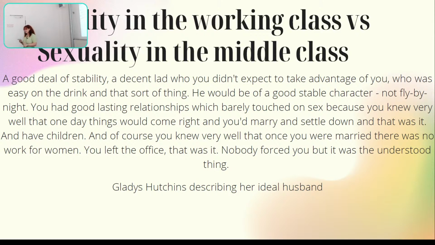And in the 1950s, fertility was still an issue for working class women, but due to more access to birth control and sexual education, there were falling birth rates and a decline in maternal mortality and morbidity in the 50s and 40s.